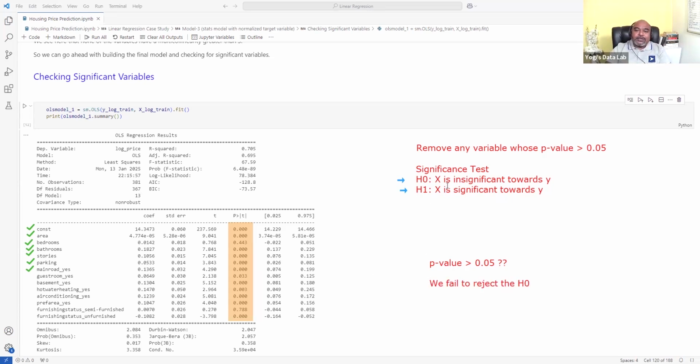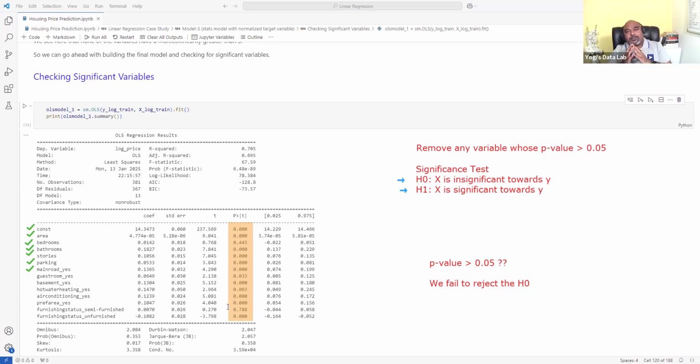It means that X is insignificant towards Y, so X is not contributing towards the Y variable, and I can go ahead and drop that variable from the model.